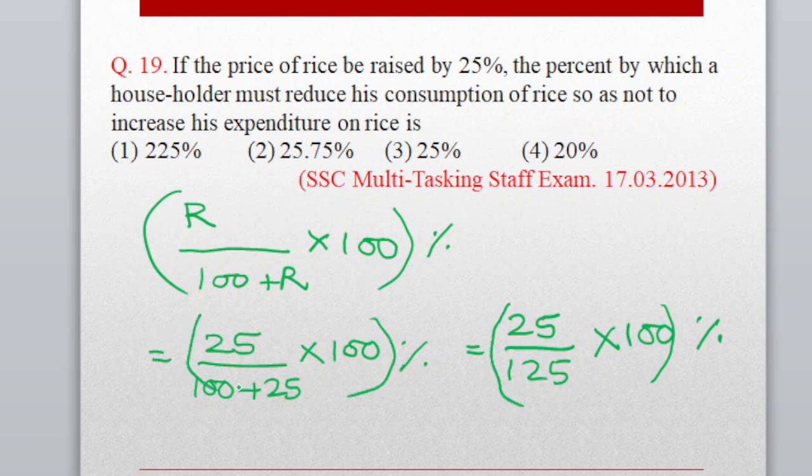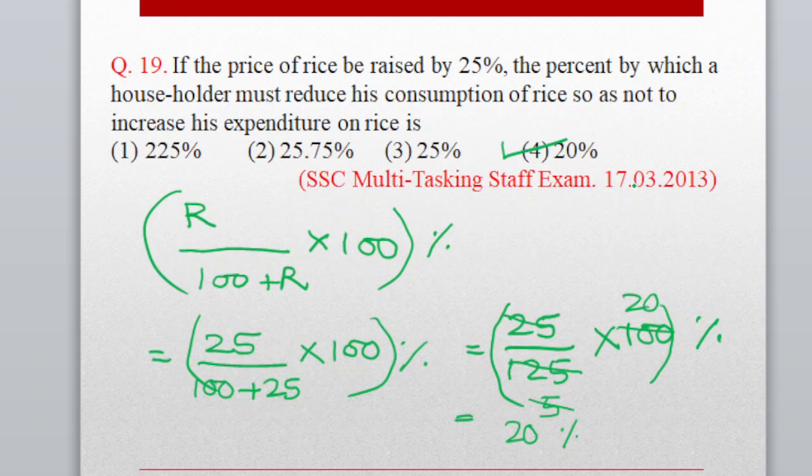Yeah, it is bracket. So that is equal to here 25 5s are 125. Then when this 100 is divided by 5, it becomes 20. So here answer is 20%. That means option 4 is the right answer.